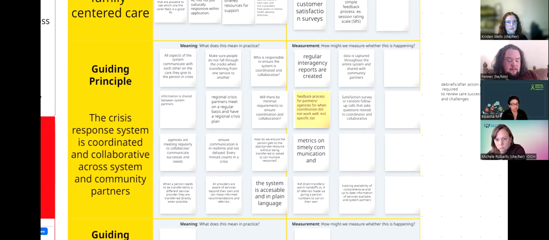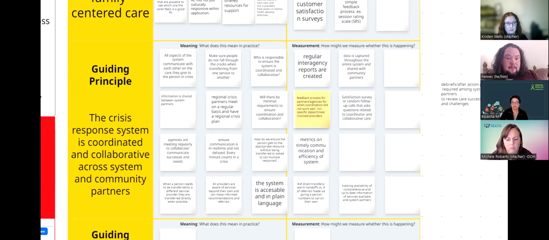All right, does anyone want to volunteer to share, read through what we've captured here in the meaning and measurement areas?